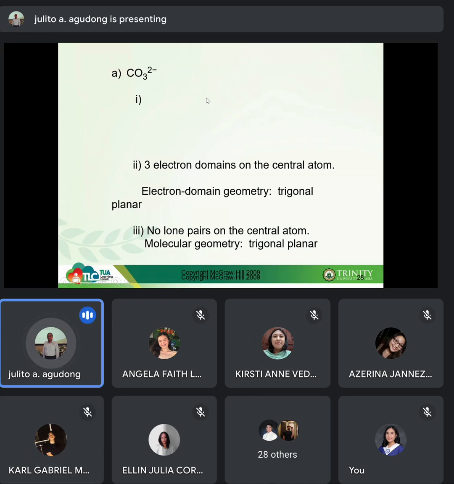Okay. So you have 24 total valence electrons, divided by 2, so you get 12. Now assemble your proposed Lewis structure.